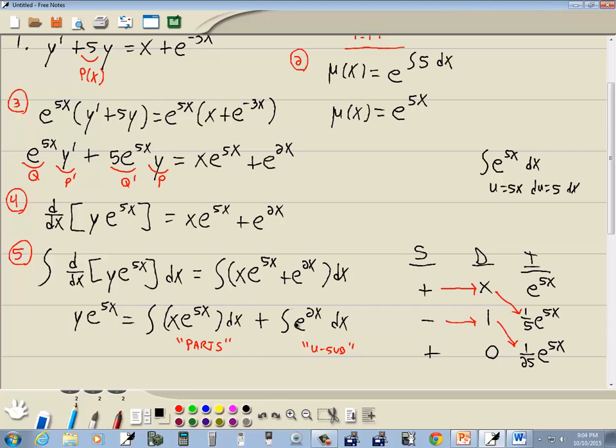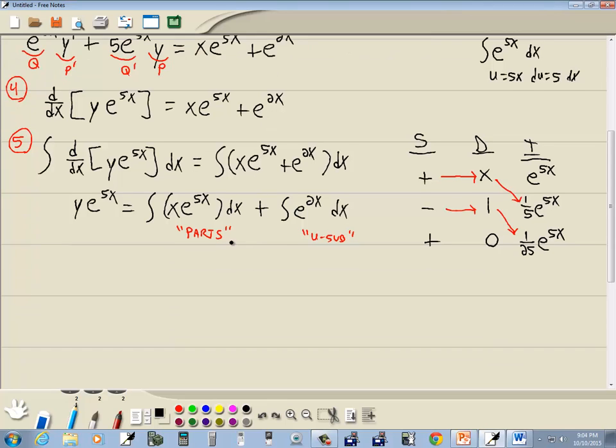So let's see what we have now. Okay, so we got y e to the 5x equals, and we'll look at this first part here. So I got a plus x times 1/5 e to the 5x. So that's going to be 1/5 x e to the 5x. I'm just multiplying these together.